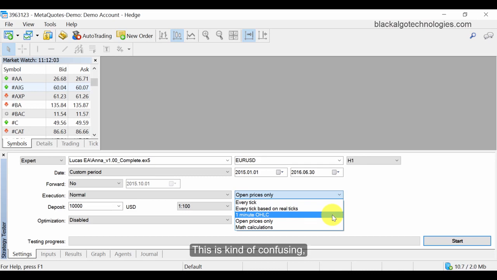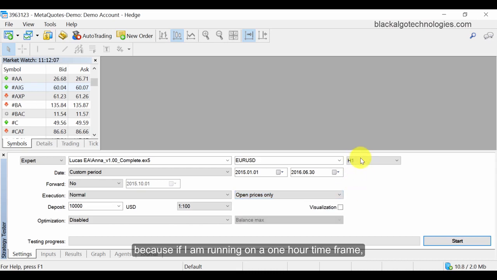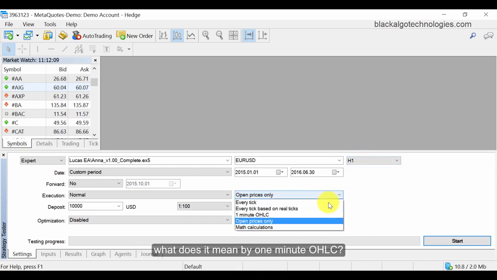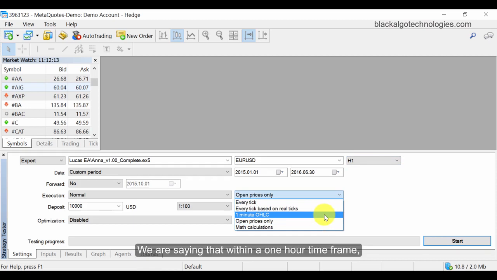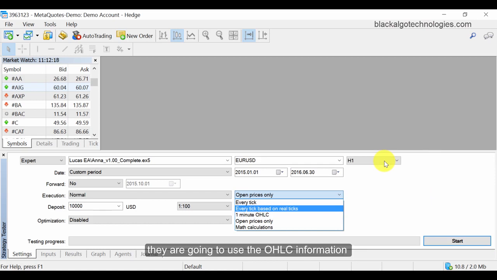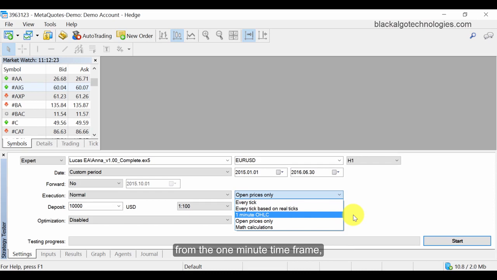So this is kind of confusing because if I'm running on a 1 hour time frame, what do you mean 1 minute open, high, low, close? We are saying within a 1 hour time frame, they are going to use the open, high, low, close information from the 1 minute time frame to simulate all the price movement within the 1 hour.